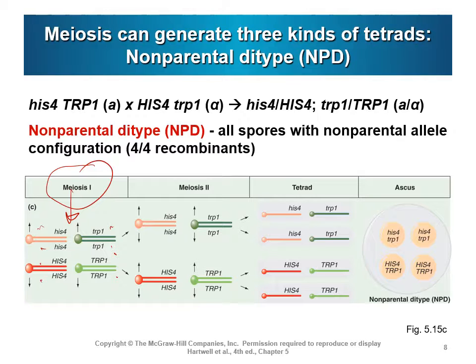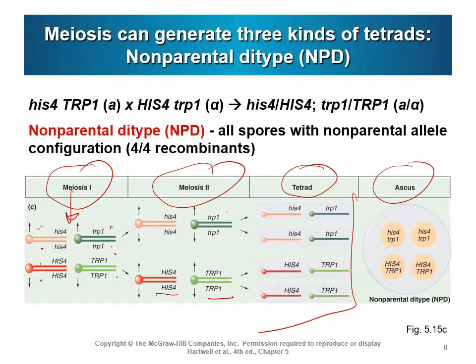Therefore meiosis 2 also looks different: histidine 4 recessive and tryptophan 1 recessive go together, and histidine 4 dominant and tryptophan 1 dominant go together. Therefore the tetrad looks like this, and our ascus has this look here.